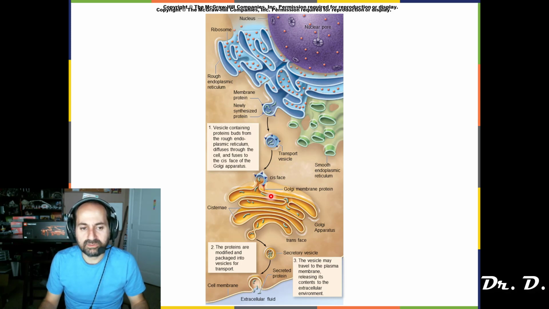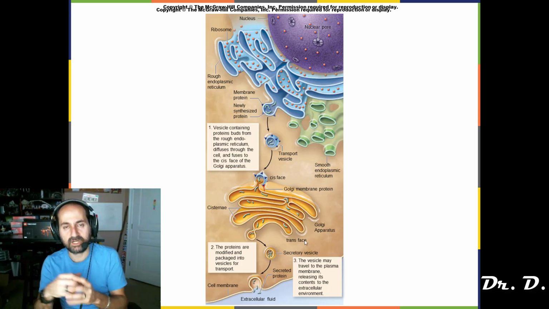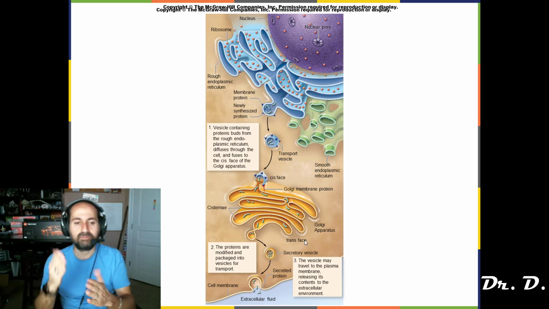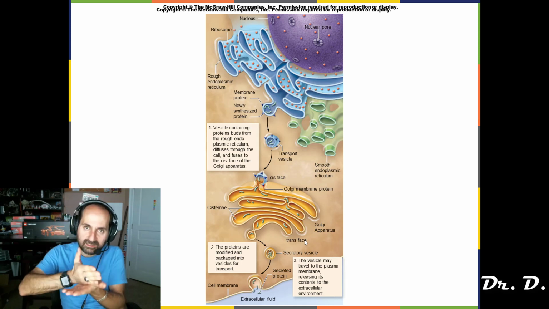From there, those proteins make their way toward the other face, the other side of the Golgi, called the trans face of the Golgi. And along the way, those proteins are modified. They're modified and modified and modified. What do I mean by modified? The Golgi can make a number of modifications. Some of those modifications may include being cleaved or cut at a certain spot.